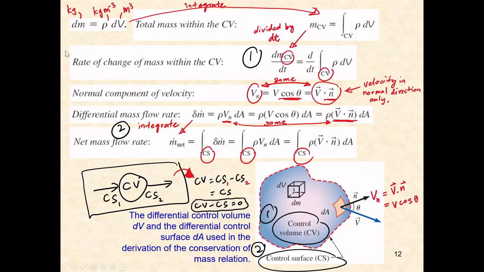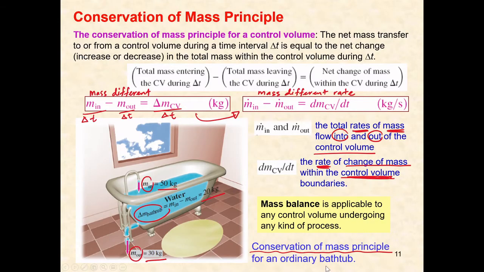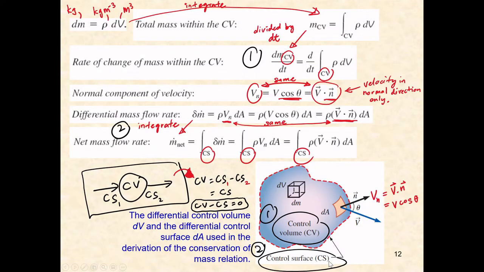Now let's look at this from the perspective of what I call the water bath, the example of an ordinary bathtub. We have a change of mass equal to the change of volume multiplied by the density.